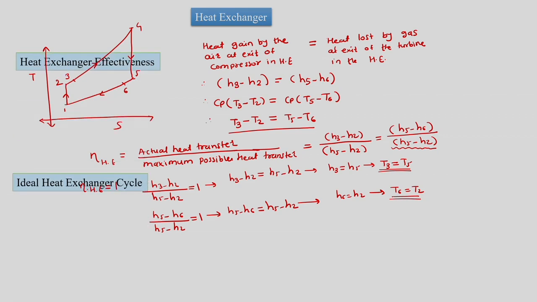So we can write down the ideal heat exchanger cycle as this TS diagram, and in that cycle we will have 1 to 2 and 2 to 3, but T3 is equal to T5, and 5 to 6, but 6 is equal to 2.